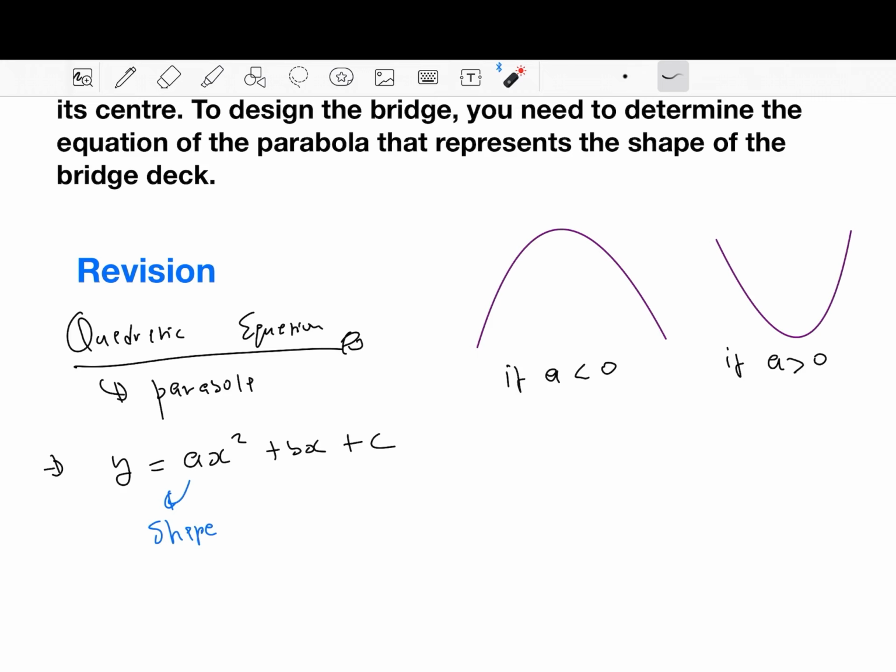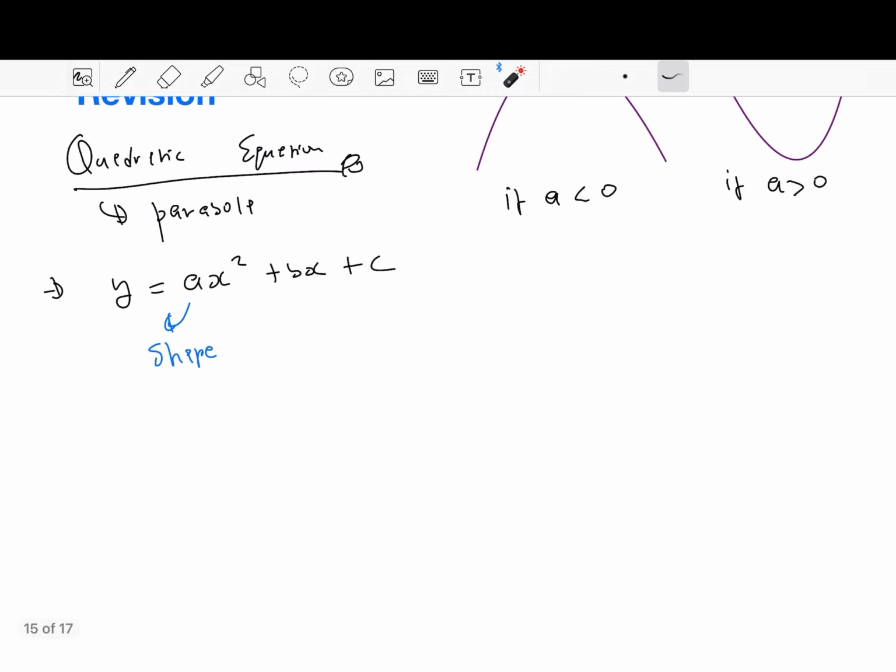So if a is negative, you have a parabola facing down. If a is positive, you have a parabola facing up. And b, we'll talk about b probably later, but high school students don't need to understand what b is. What you need to know is b is just an arbitrary number that you need to calculate your parabolic equation.